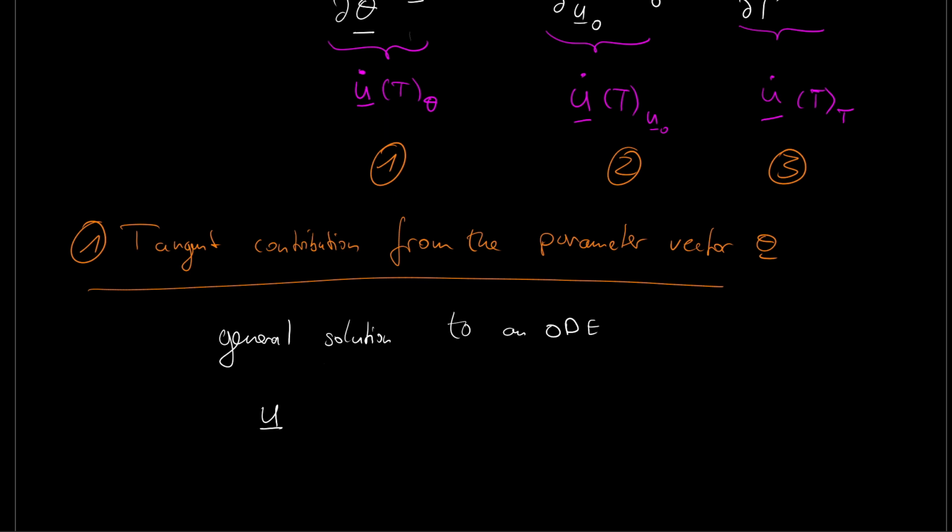You say that u at time capital T is u0 plus the integral from 0 to capital T of f of u at t and theta, integrated dt. This is an alternative way of writing down our ODE problem to find an implicit expression for the solution at point T.